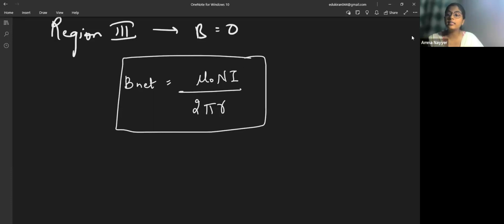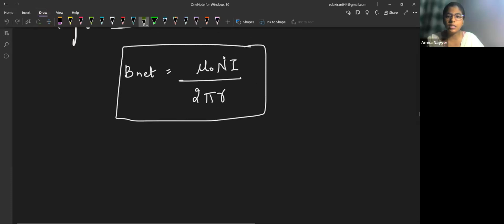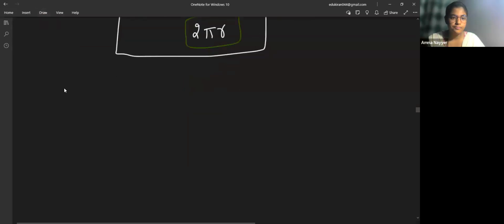Now, if you look here, are we getting something? If you notice here, this is N divided by 2 pi R. Number of turns per unit length, the circumference of it. See, just focus on this. N by 2 pi R is there.